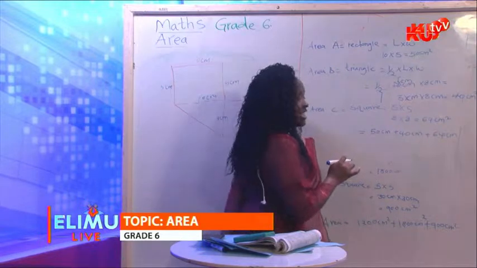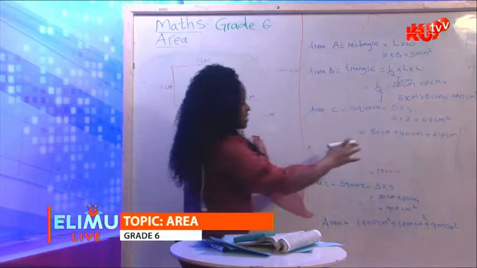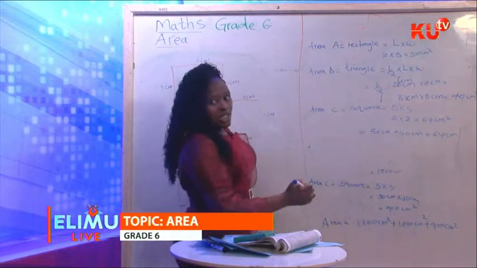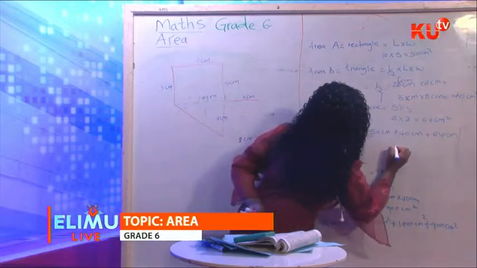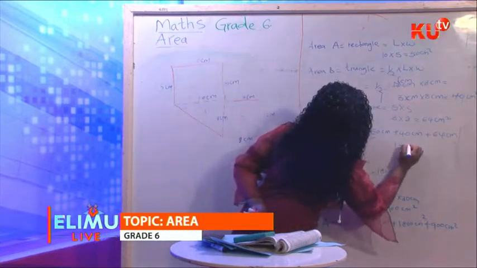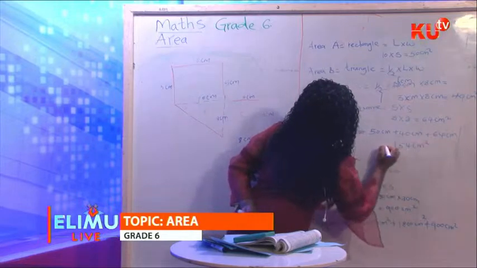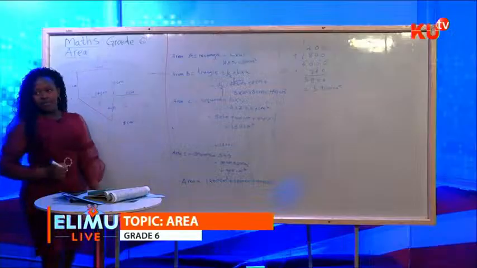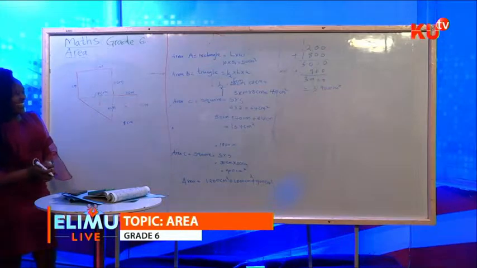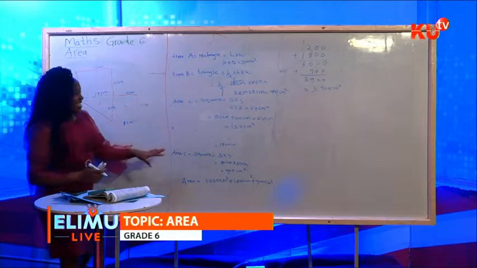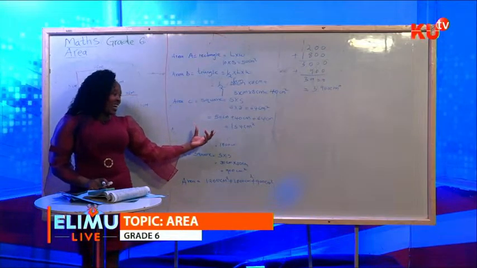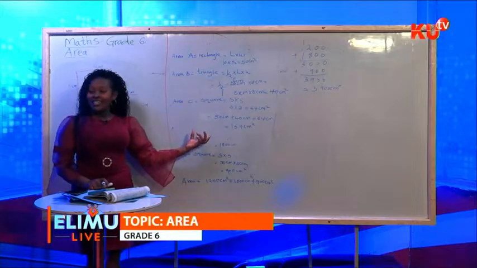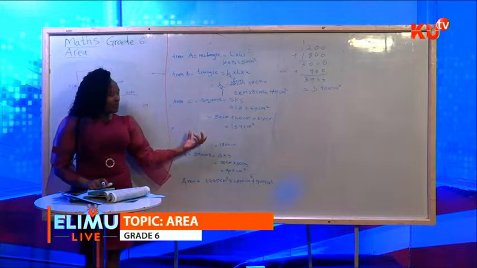It is equal to 90. What is 90 plus 64, learners? It will be 154 centimeter squared. Are we together? Yes. So that is how we are supposed to work out the area of that diagram.